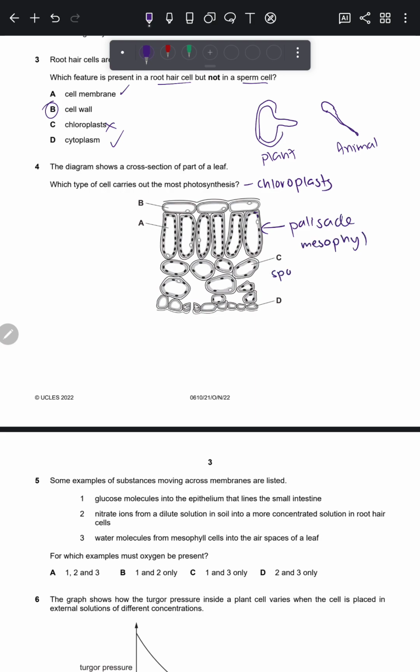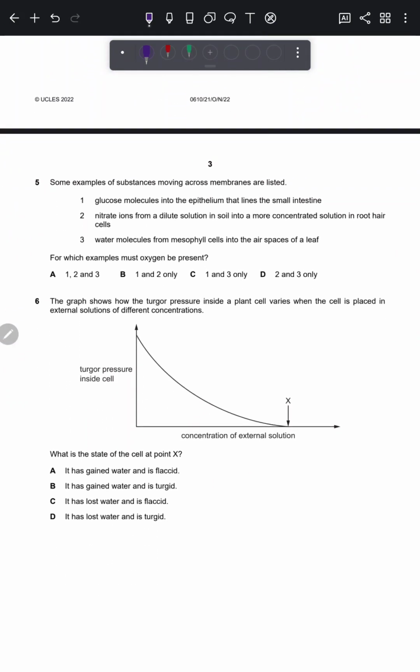This is the spongy mesophyll. This is the lower epidermis. This is the upper epidermis. But what we're looking for is the palisade mesophyll layer has the most chloroplasts, so it photosynthesizes the most.